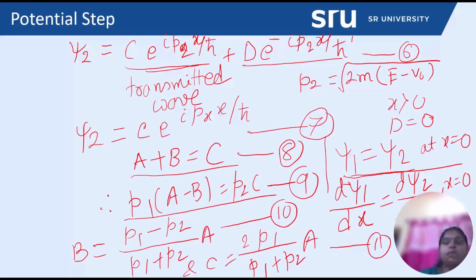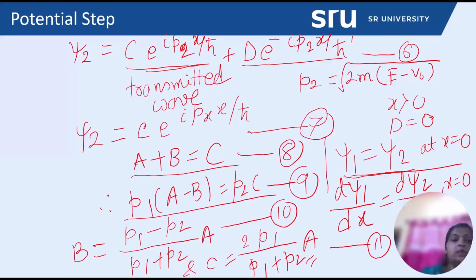So this is, considering the two wave functions in two different regions of the potential step, the parameters B and C in terms of A. So now in place of multiple unknown constants, we have only one constant, A. So this B and this C basically represent the amplitudes of the reflected and transmitted beams in terms of the amplitude of the incident wave.